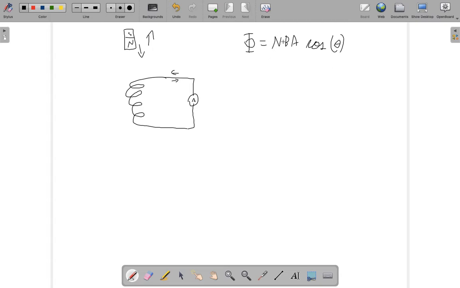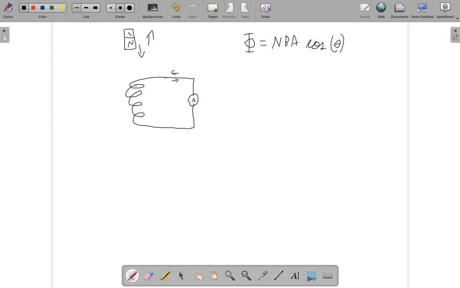So N is the number of coils that we have. In this case, it's 1, 2, 3, 4 coils. B is the strength of the magnetic field that's coming from here. Then A is our cross-sectional area, so the cross-sectional area of a singular coil. And theta is the angle to the normal in which the motion is occurring.